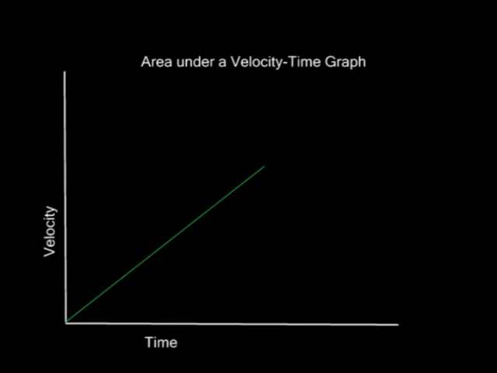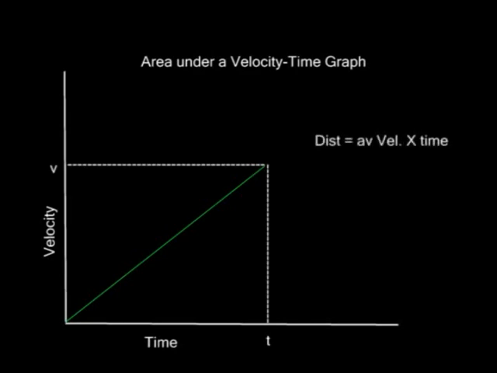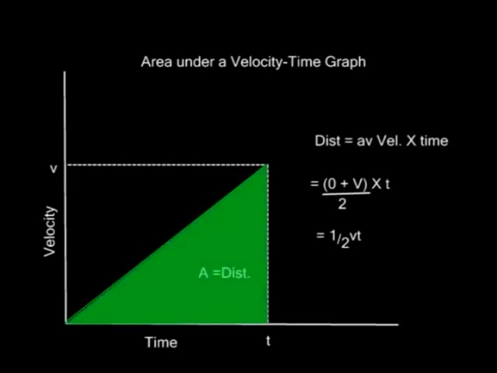If the velocity of the body after t seconds is v meters per second, then distance traveled is equal to average velocity times time, which is (0 + v)/2 times t, since the body started from rest, that is 0 meters per second, which gives us ½vt. The area A under the velocity time graph is therefore the distance covered by the body after t seconds.